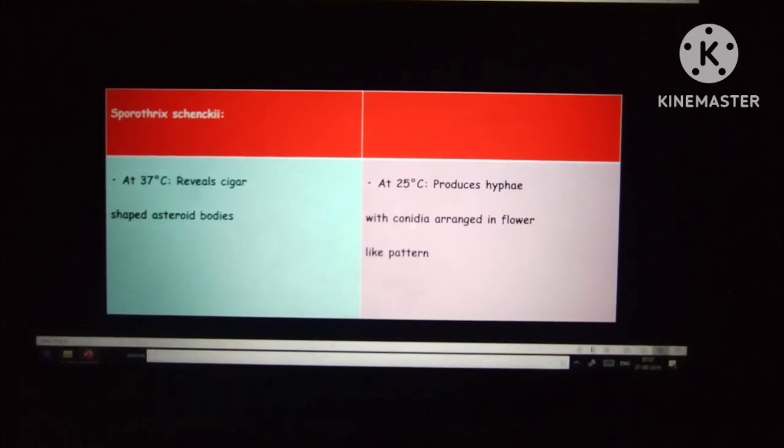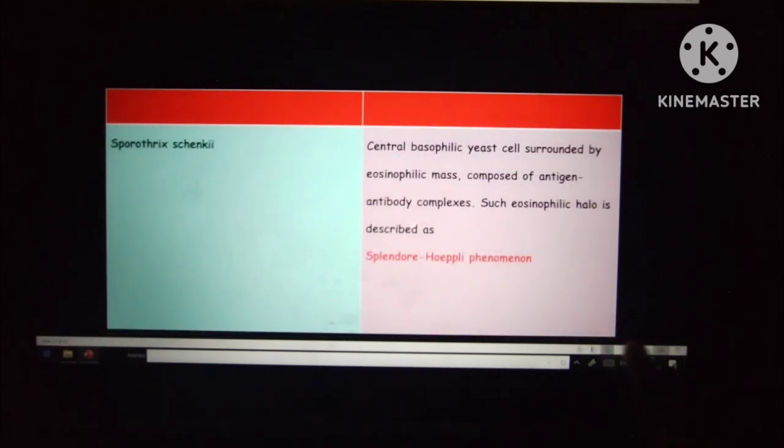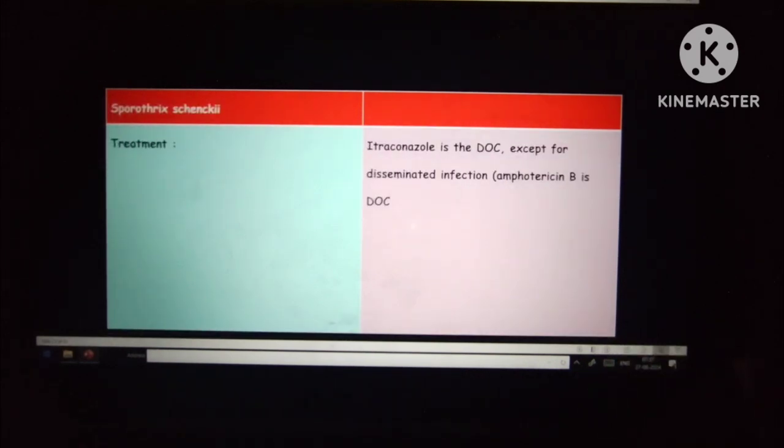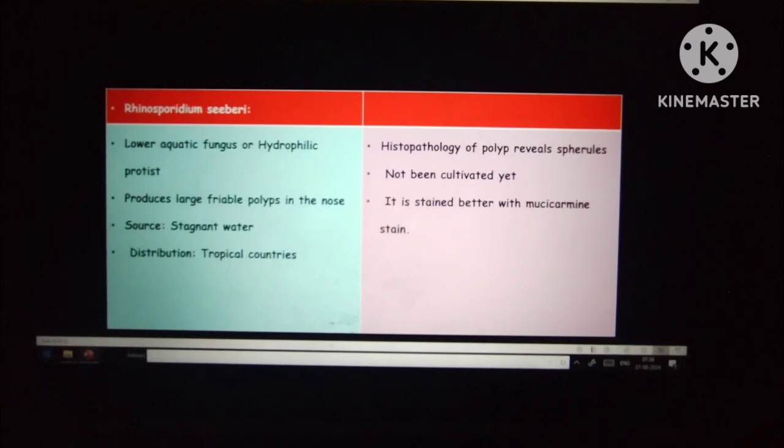You can remember it like this: if you smoke cigarettes, sure there will be some of these spores present in the lungs. And I told you sporothrix is called rose gardener disease, so remember the flower-like pattern. Treatment here is also itraconazole. If it is a disseminated infection, you can use amphotericin.